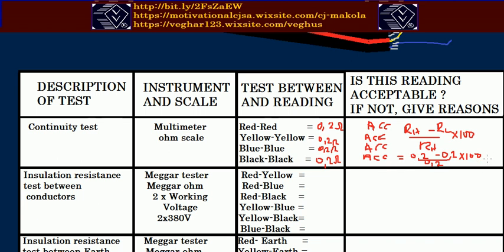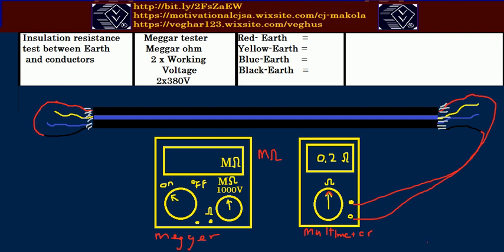So it gets 0. That means it's still okay. It's not far away from 5%, so it's acceptable. If you get a different value, you will write not acceptable. This is how we do the continuity test.